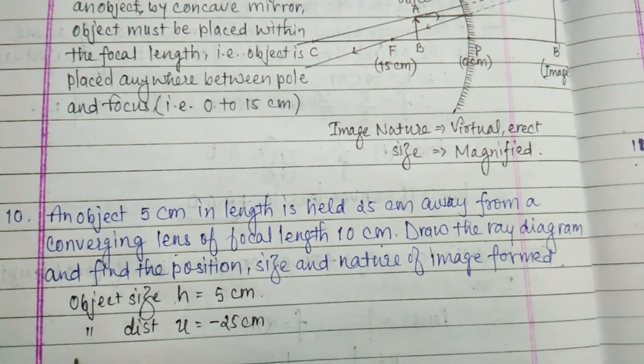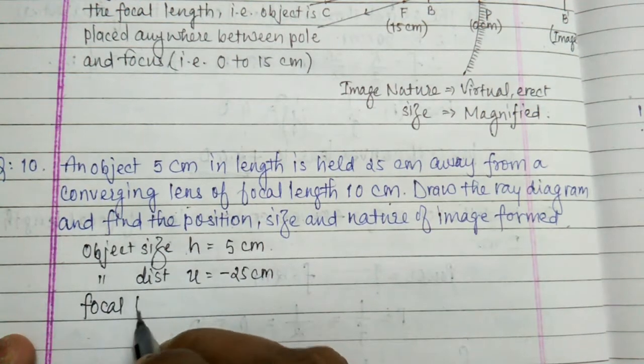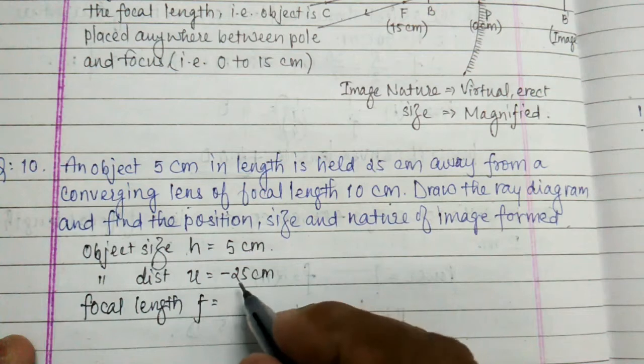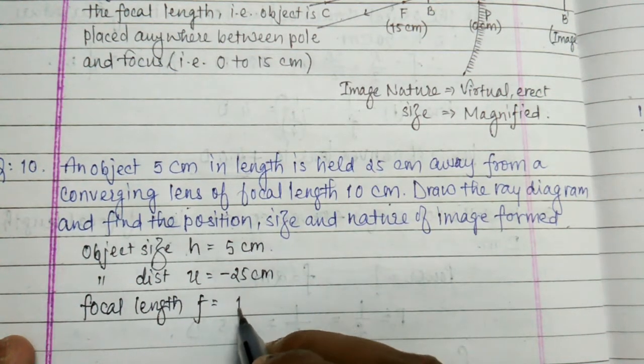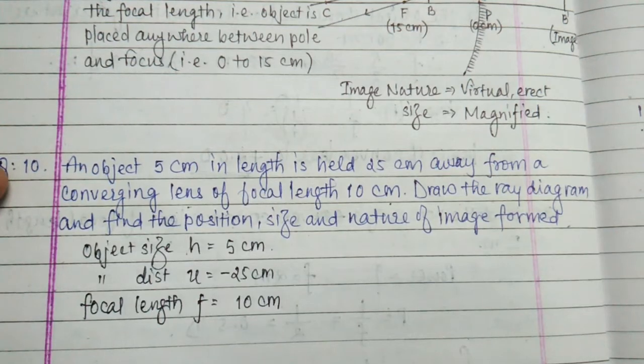Now focal length. F is equal to 10 centimeter. For convex lens, the focus is on the other side. Means the focal point of left curve is on the right side.